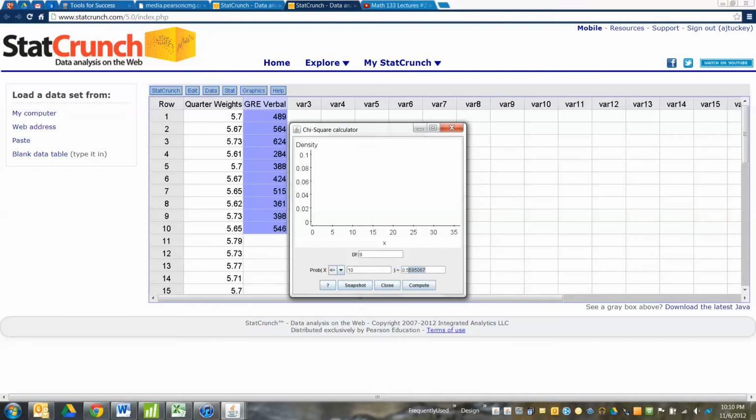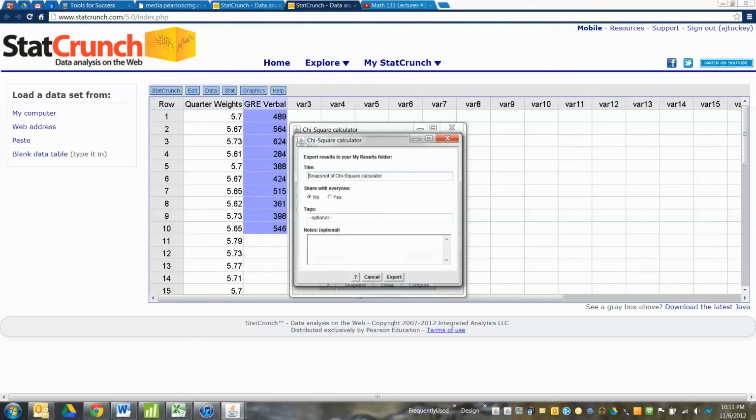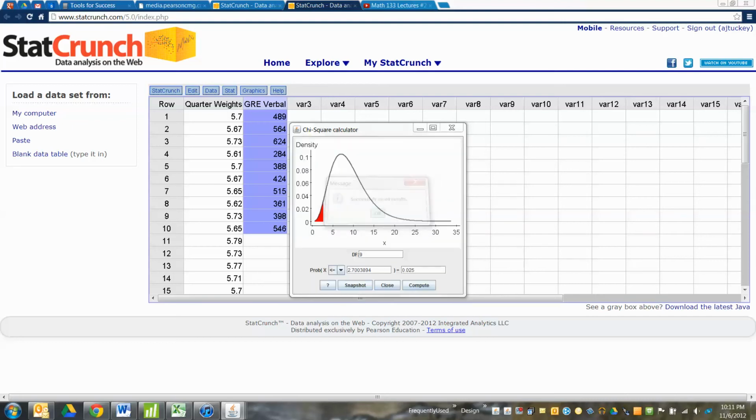We want our area to be 0.025. Compute. There it is, 2.7. And even if you don't want to, take a snapshot of it and label it 10.4, Example 1A. Okay, we got that one.